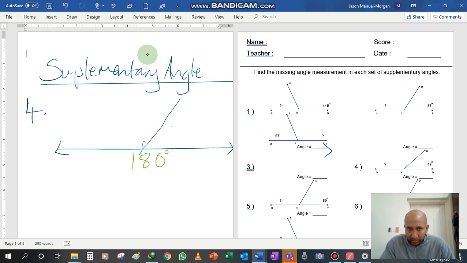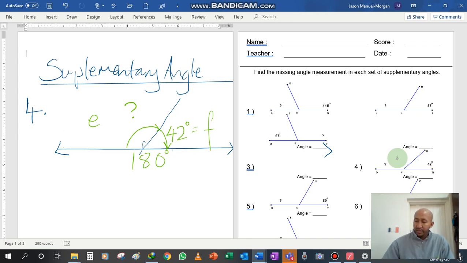And we are told that over here we have got 42 degrees, and on this side here, we do not know what this angle is. This is what we need to calculate. So let's call this angle E, and this here that we do know, we'll call it angle F. So basically angle E plus angle F is going to be equal to 180 degrees.